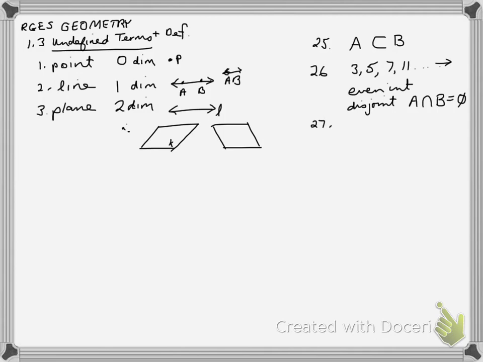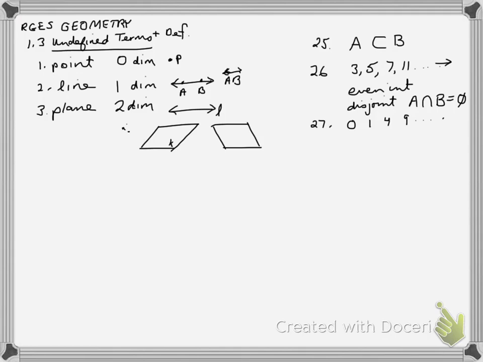Number 27 says A is the set with the elements X such that X is the square of an integer. Well, let's see, we have the integer 0 and its square is 0, the integer 1, its square is 1, the integer 2, its square is 4, the integer 3, its square is 9. You see what I'm doing? I'm thinking, what would the elements of set A look like?